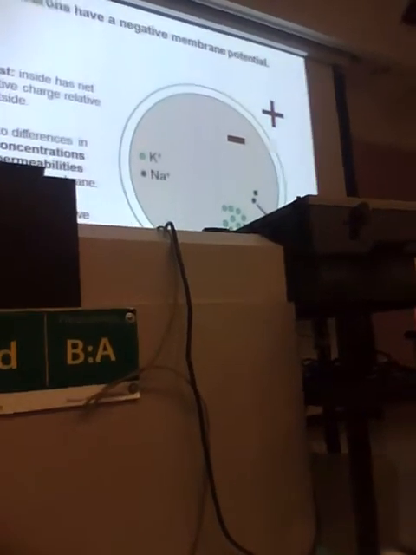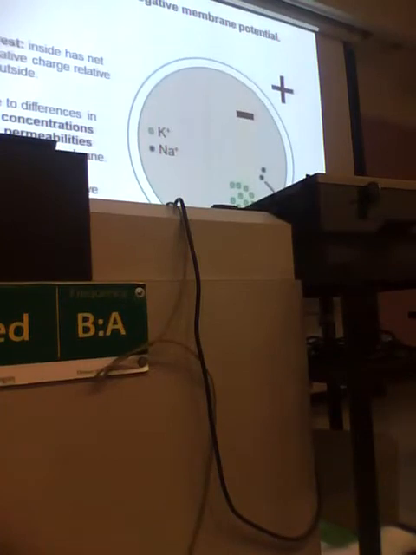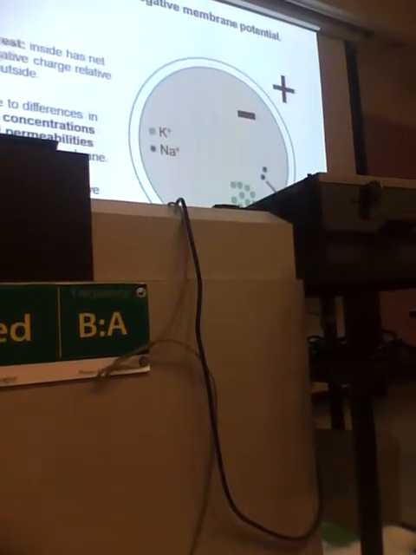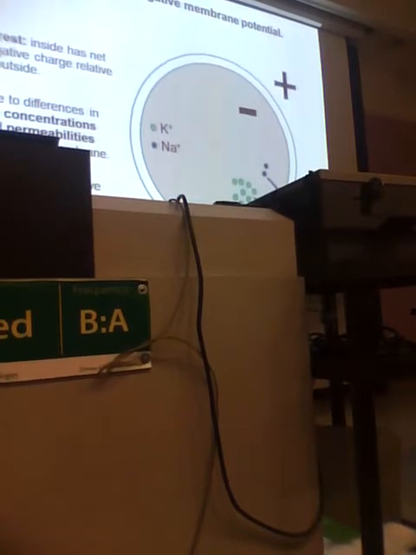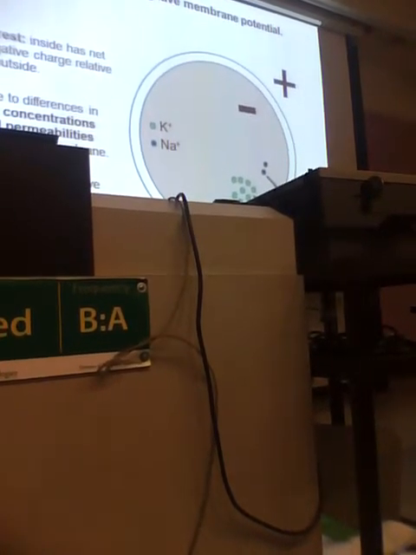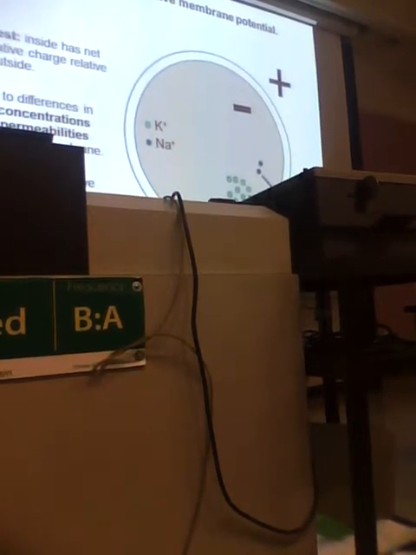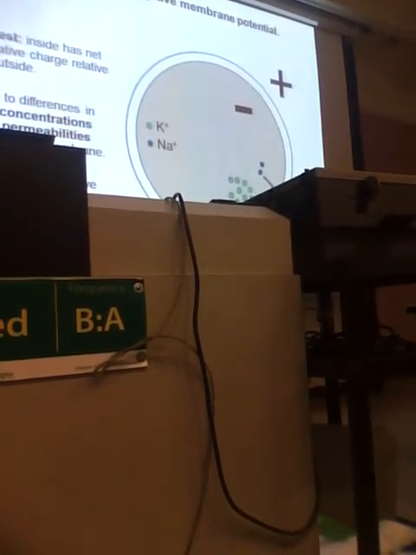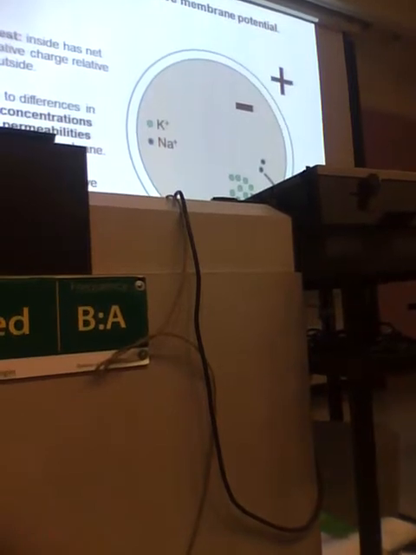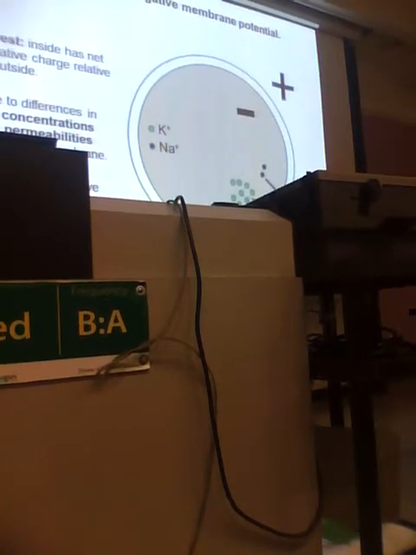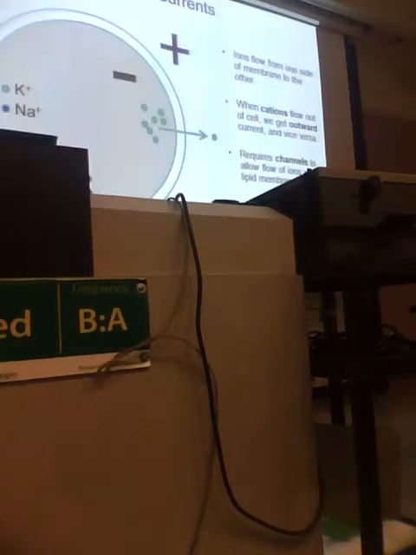And also make note that the concentrations of sodium and potassium across the membrane are vastly different. So you've got high sodium on the outside, low sodium on the inside, and high potassium on the inside and low potassium on the outside. And in order for signaling to occur, ions must flow across the membrane.